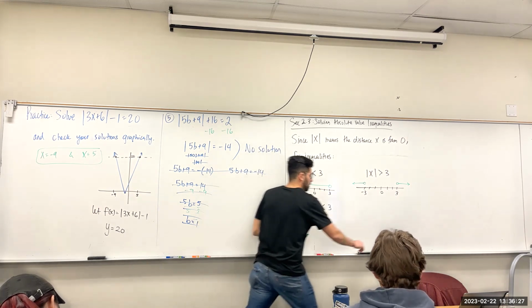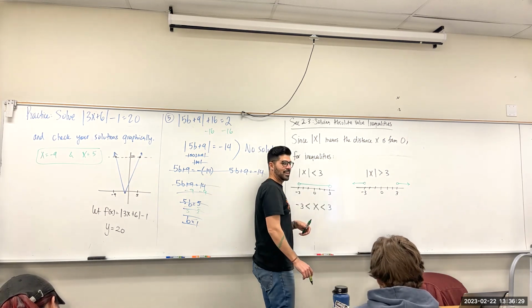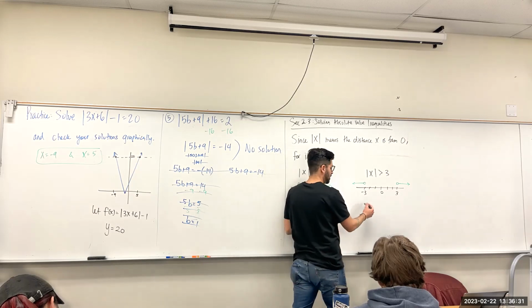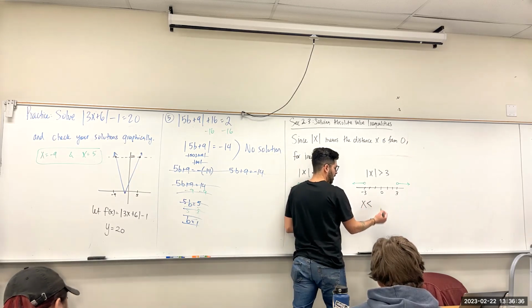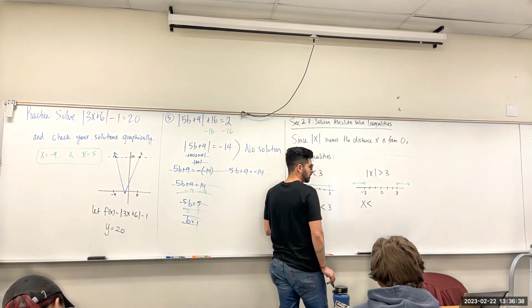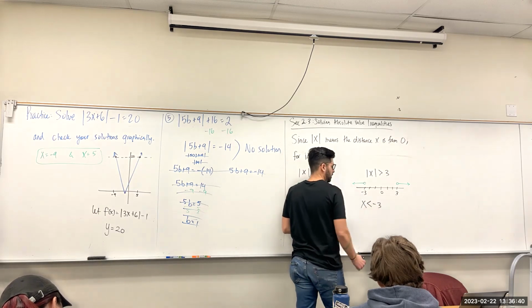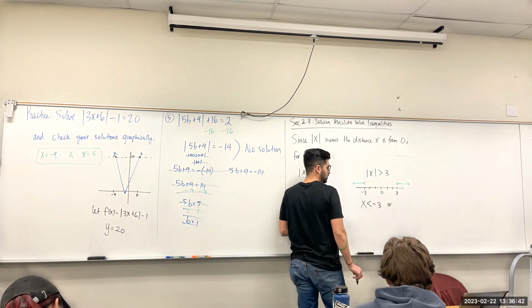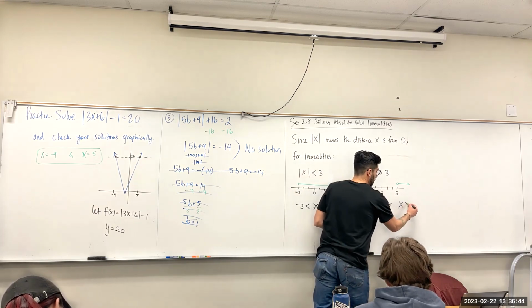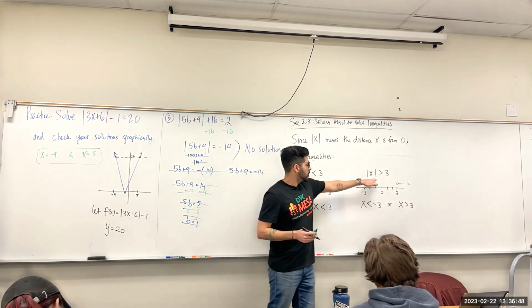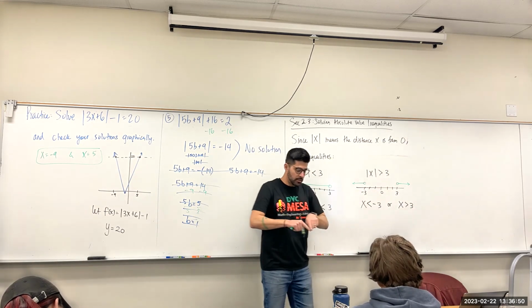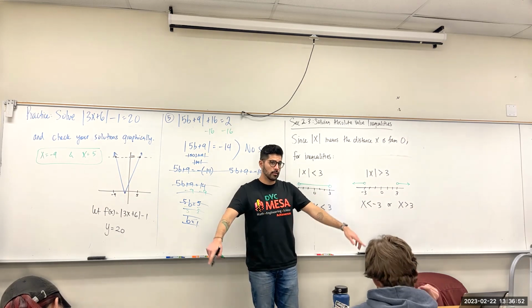With the union symbol. x is going to be less than negative 3, or x is greater than 3. And so here's where it gets tricky. If the absolute value is greater than a number, it splits into 2 separate inequalities.